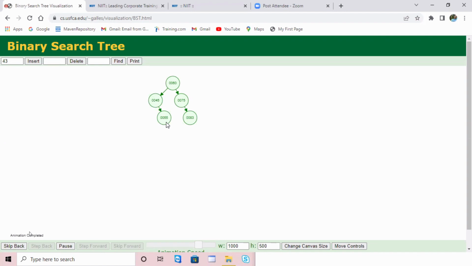In other words, I have deleted 52, and the address of the right pointer of 52 is given to 45. So 55 is now pointed to by 45. Once again, I am inserting 43, so it is now both left and right.